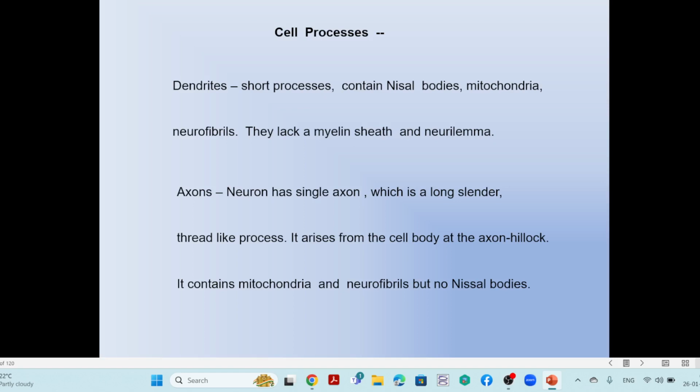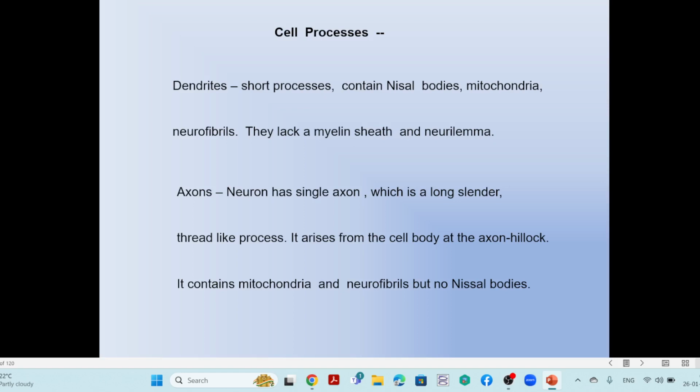Then axons. Usually a neuron has a single axon. This single axon is long, slender, and a thread-like process that arises from the cell body at the region of the axon hillock. It contains mitochondria and neurofibrils but no Nissl bodies.